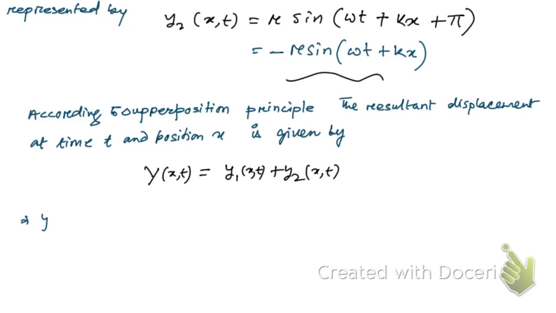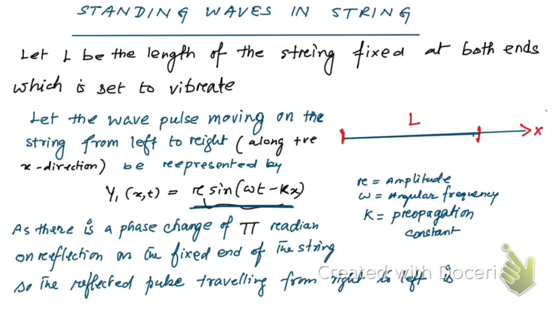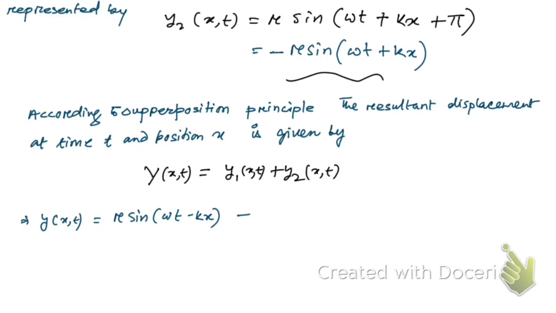So y of x, t: y1 is equal to r sine of omega t minus kx. This is y1. And now y2 is minus of this one, so minus r sine of omega t plus kx.